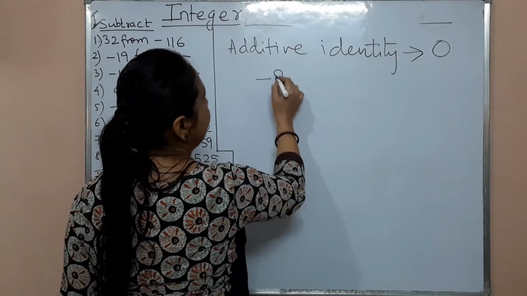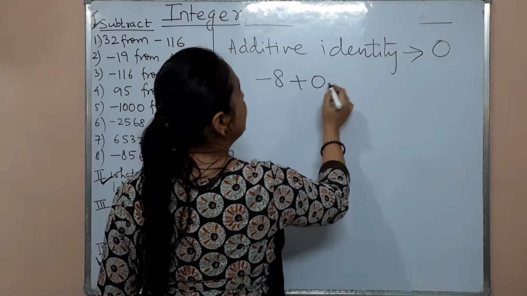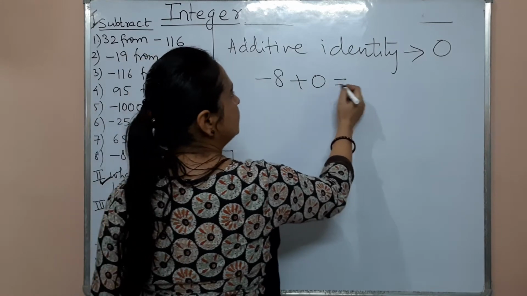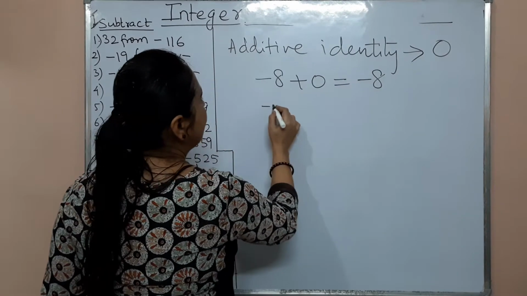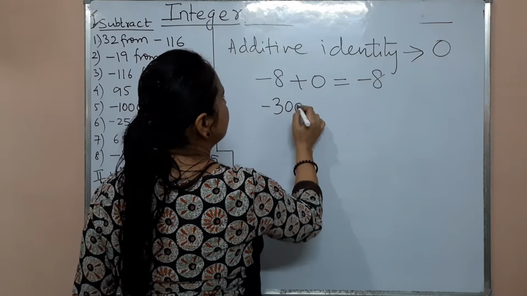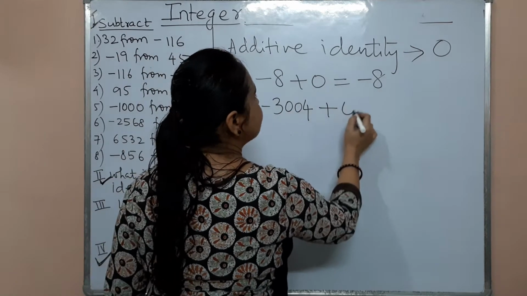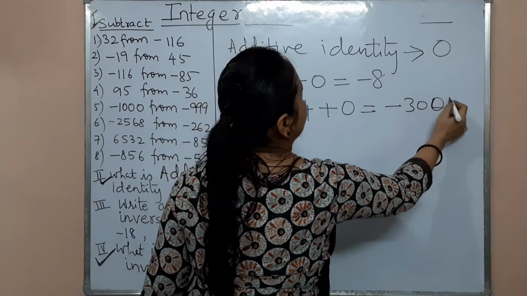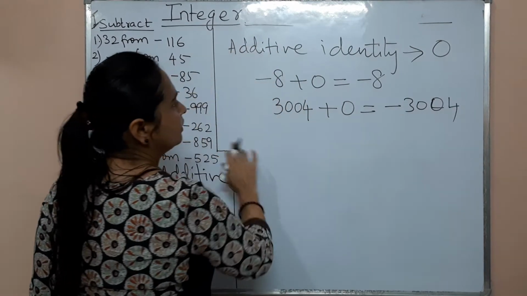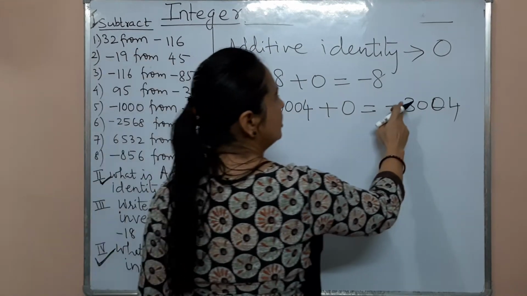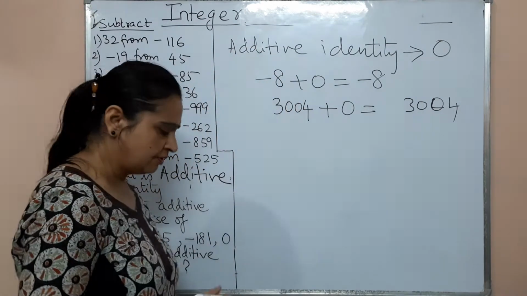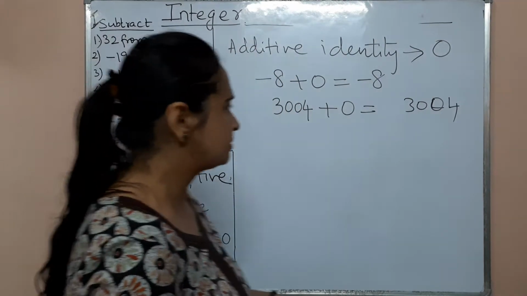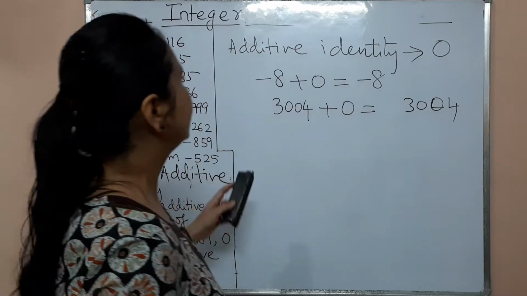Because if you add 0 to any number, the answer remains the same. Say minus 304. If you add 0 to this number, you are going to get the same number. If you add 0 to plus this, you are going to get the same answer. So that is what is meant by additive identity.